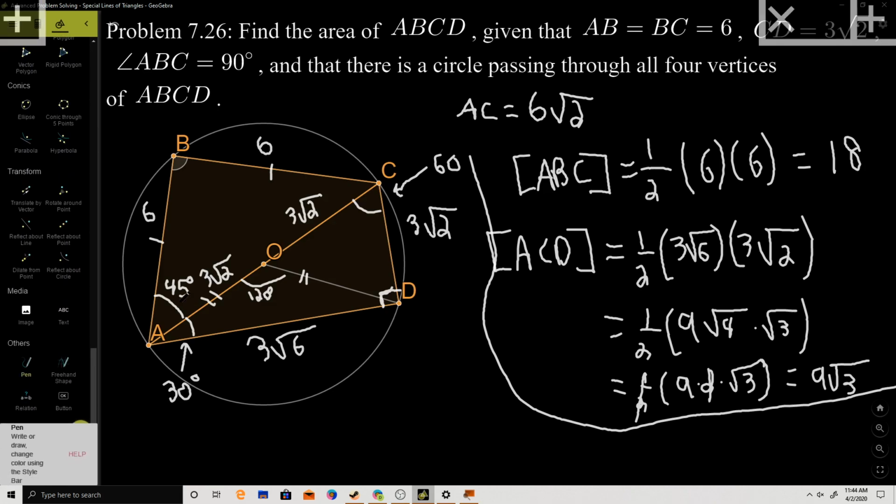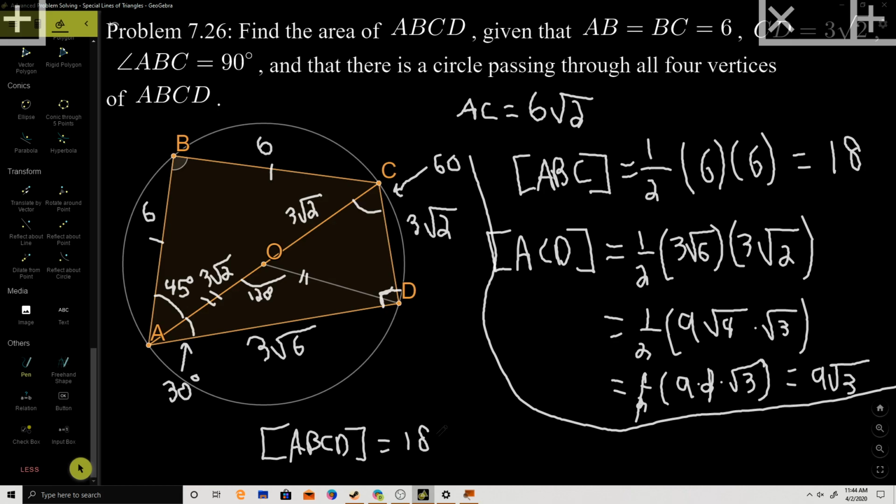So all I have to do now is take the 2 areas, add them together. So A, B, C, D's area is just 18 plus 9 times the square root of 3. And that is the answer to our problem.